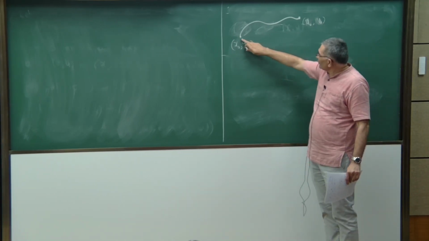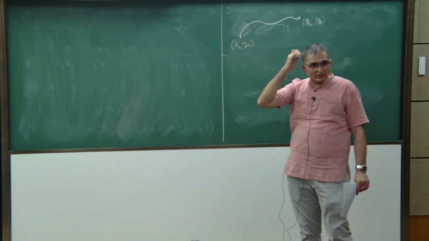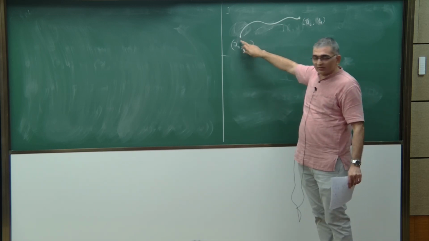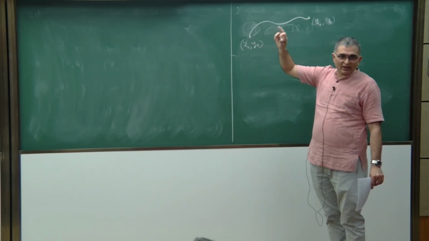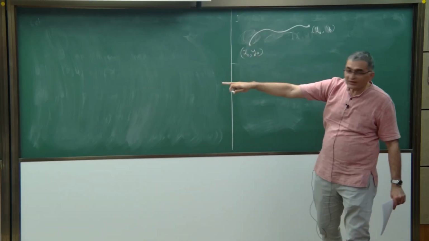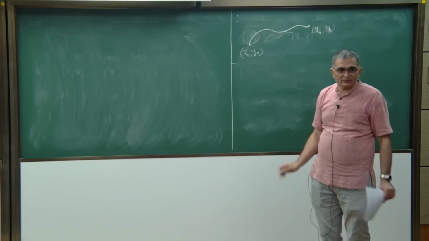Then the function S, which I would like to express as a generating function, is just the value at the point (x naught, u naught) of this action integral along this path, the path which is minimizing the action.